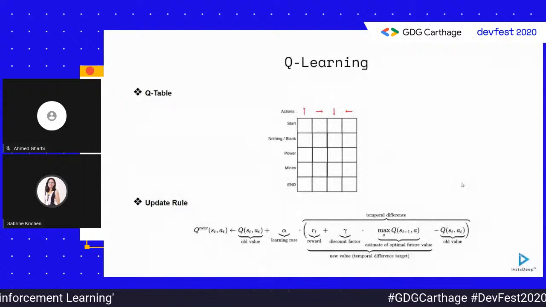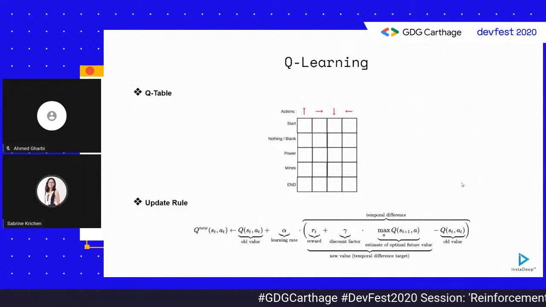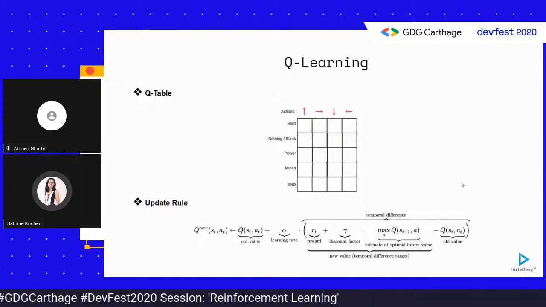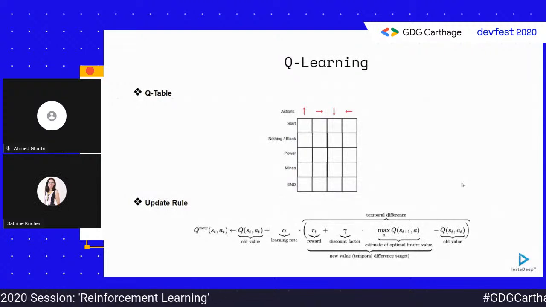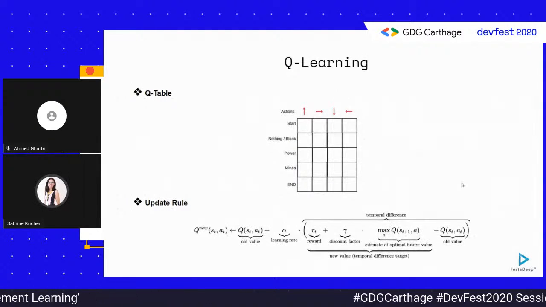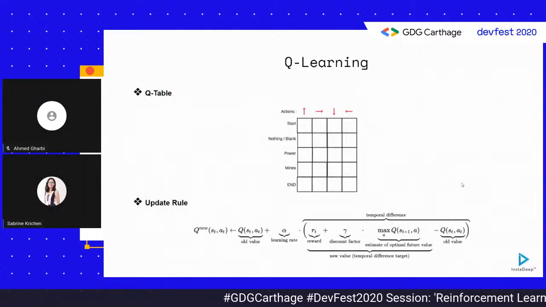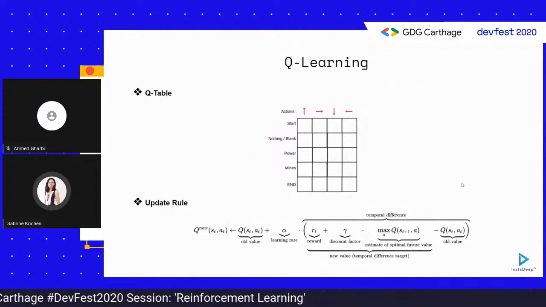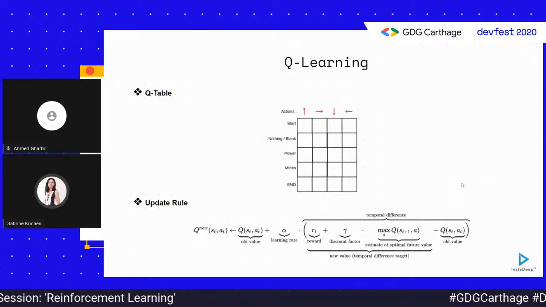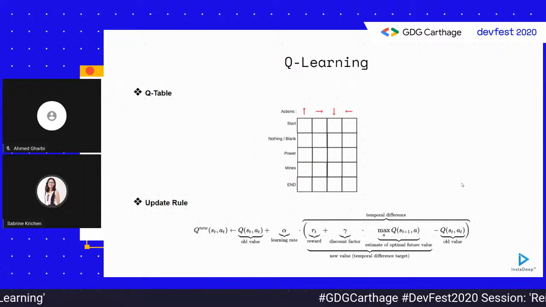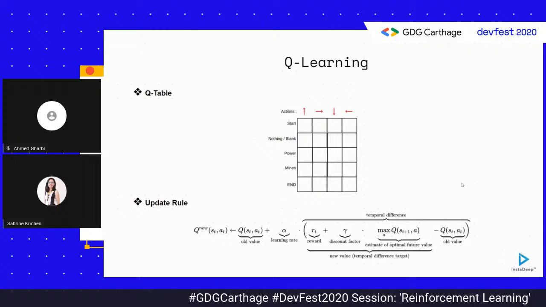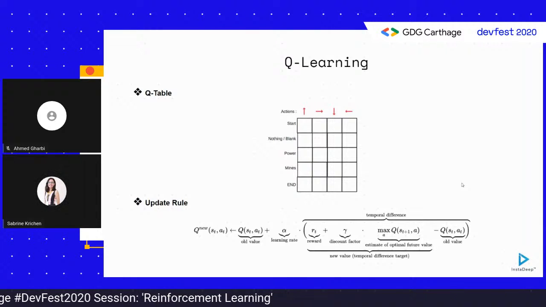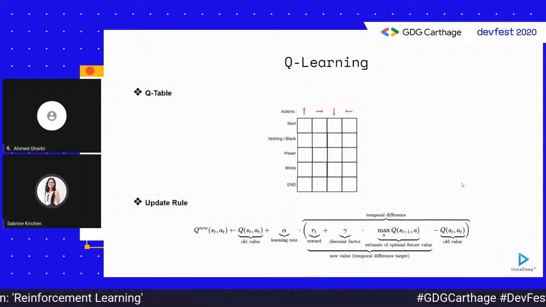Okay. Now, how are we going to train our robot to reach the end goal with the shortest path and without stepping on a mine? For that, we're going to use the Q-learning algorithm. So we have here the Q-table, and as we see here, for the lines, we have the different states: the start point, the blank square, the power square, the mines, and the end.